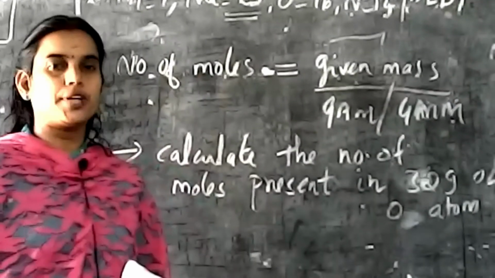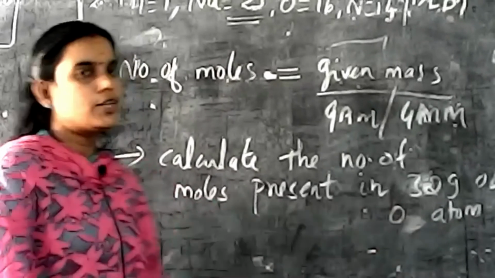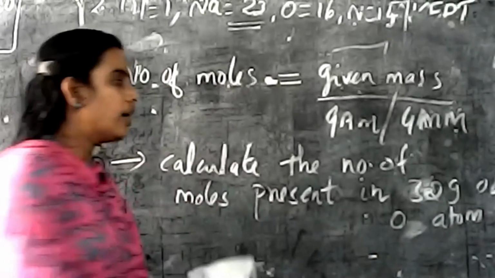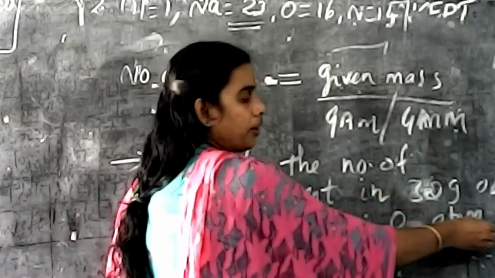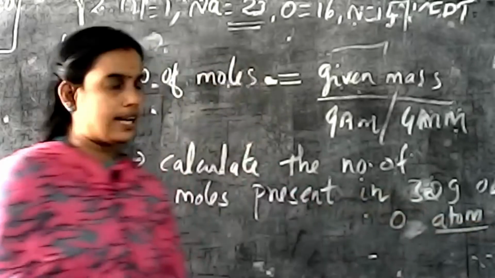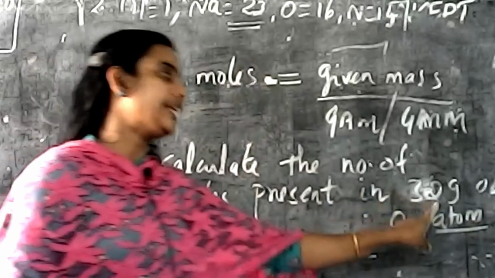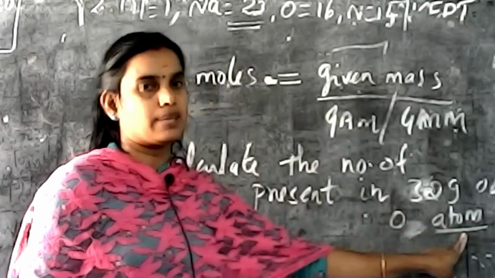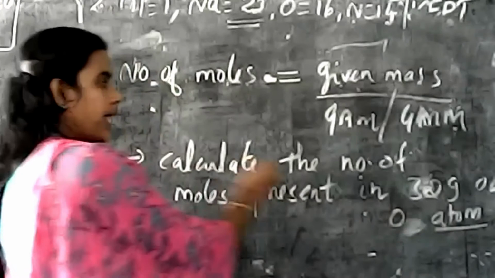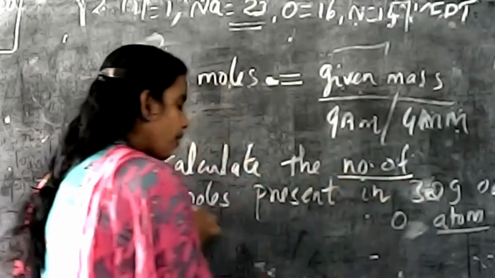Okay, 32 gram of oxygen atom. So first of all, we have to know whether atom or molecules are represented here. So the problem is to calculate the number of moles present in 32 gram of oxygen atom. Here we have to calculate the number of moles.